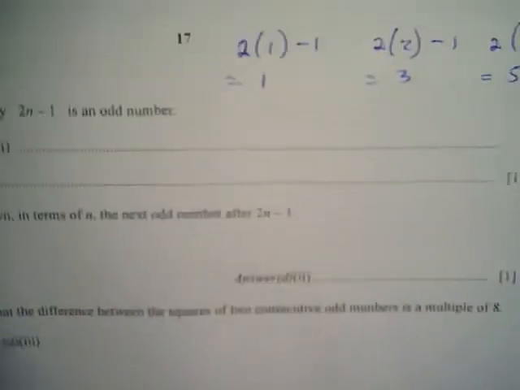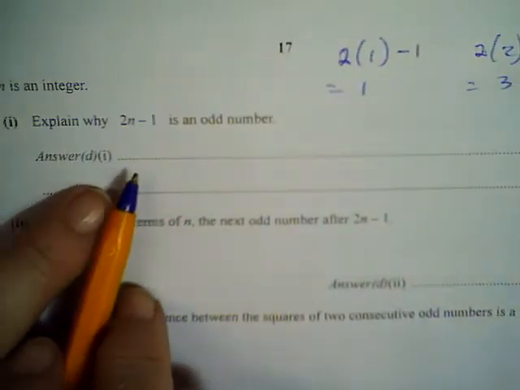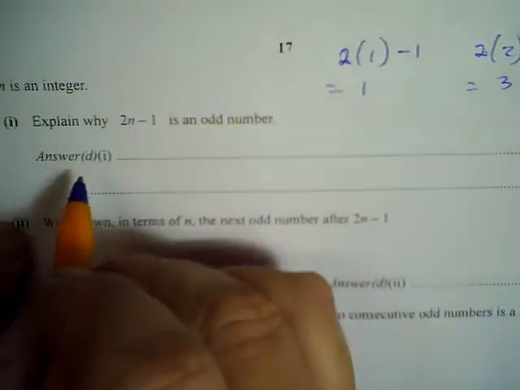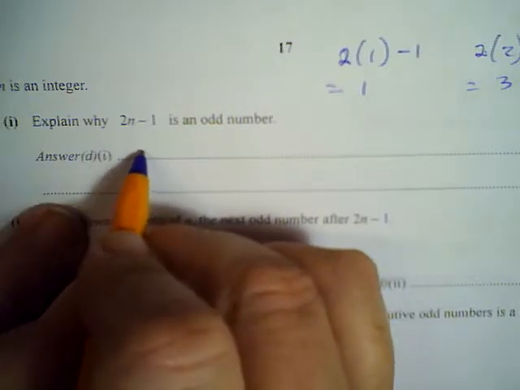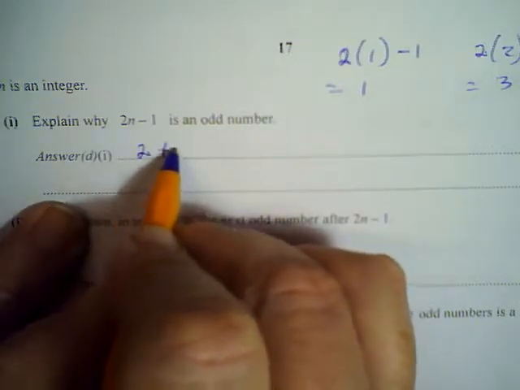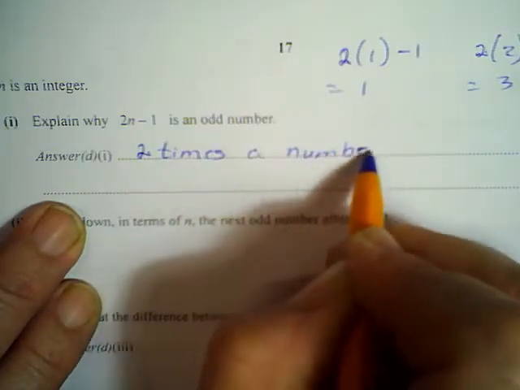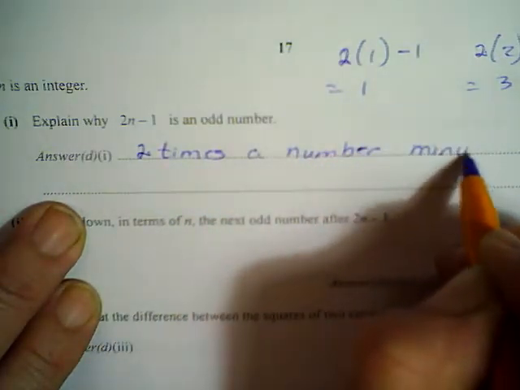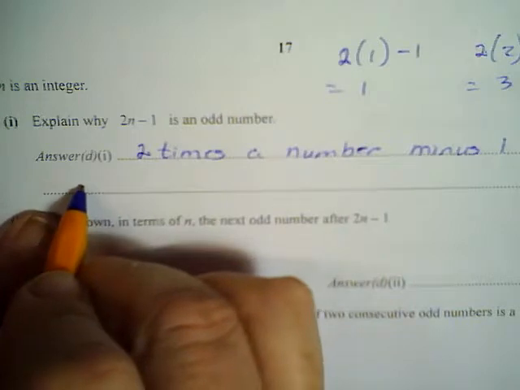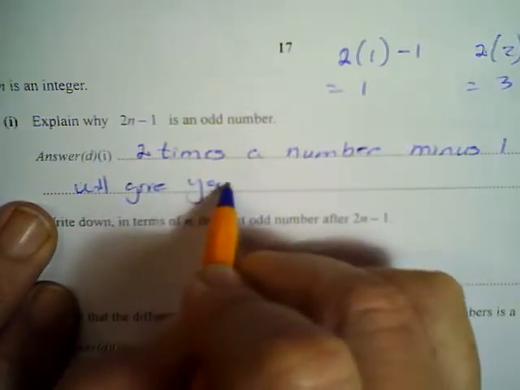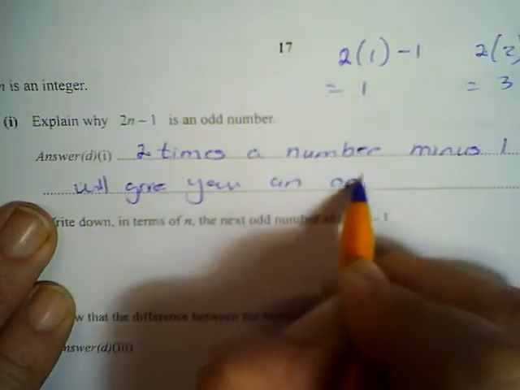Okay, and then therefore we can see that twice a number minus 1 will always give me an odd number, and that's exactly what we need to write down. So 2 times a number minus 1 will give you an odd number.